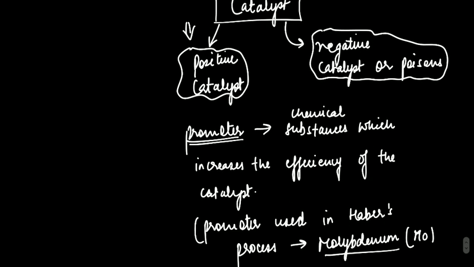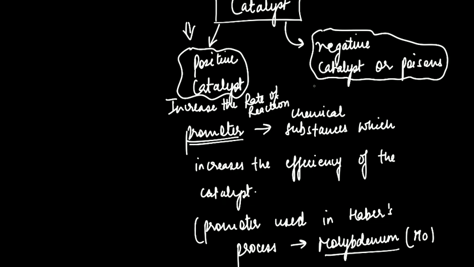So remember, a positive catalyst is going to increase the rate of reaction without changing the concentration of reactants and products, without getting changed itself, without participating in the chemical reaction. So it increases the rate of reaction towards the forward side, towards the product side, so we can get a good yield of product.